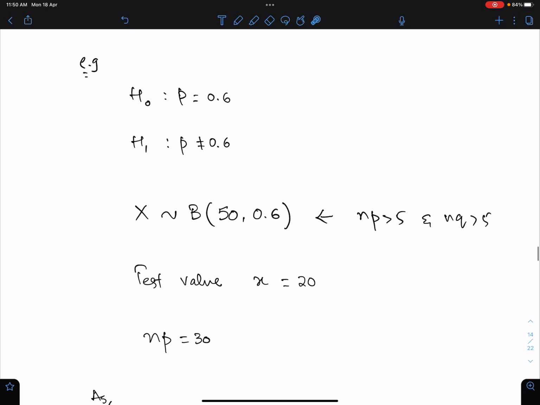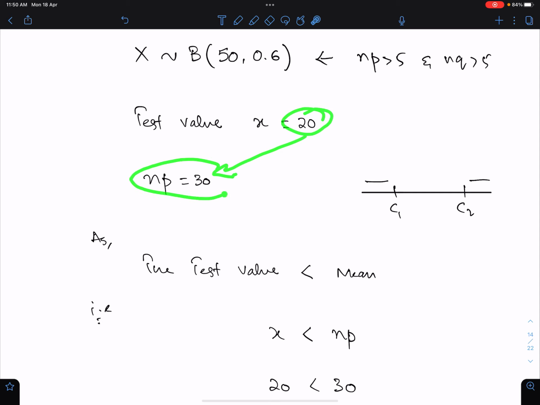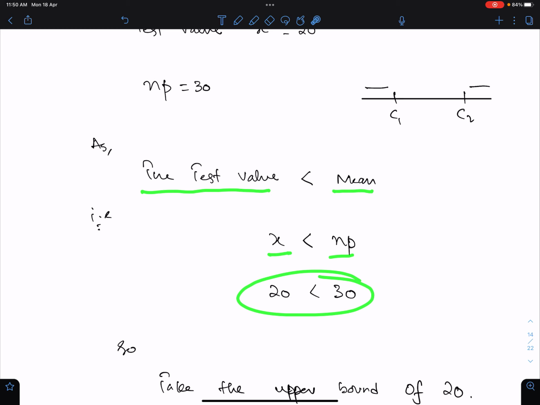Now, since this test is two-tailed, you have to check the test value with respect to the mean. Critical region is here and here. Now, if the test value is less than the mean, like in this case, then you have to perform the lower tail test in two-tail. As the test value is less than the mean, that is X is less than np, do this lower tail test.